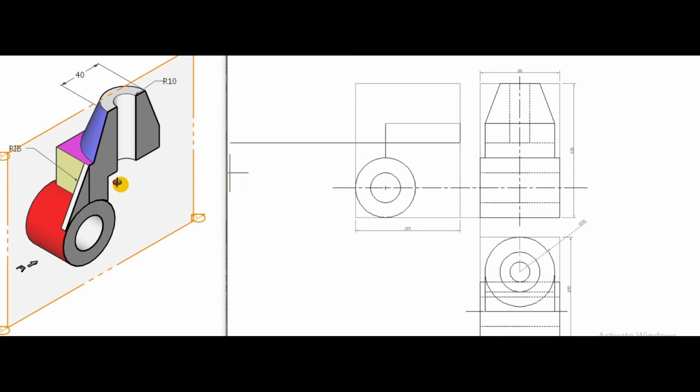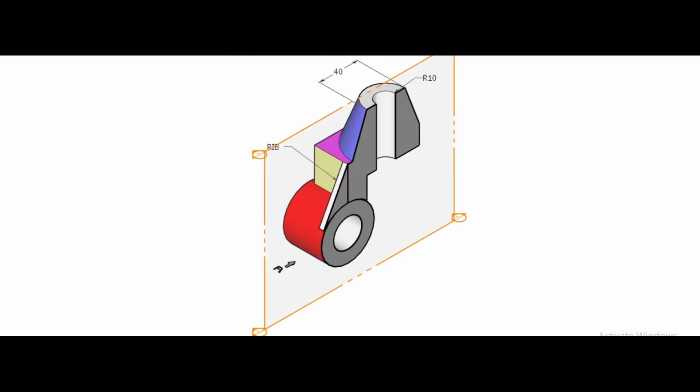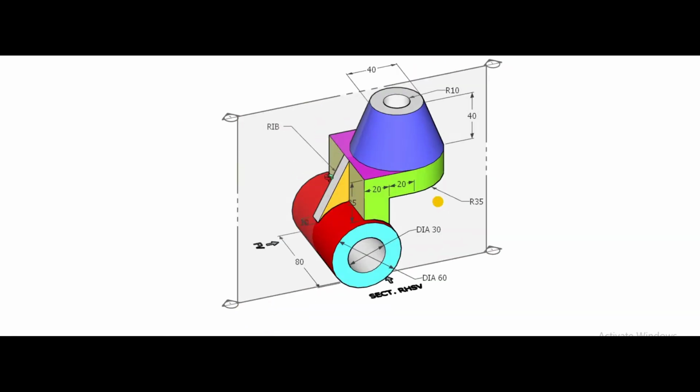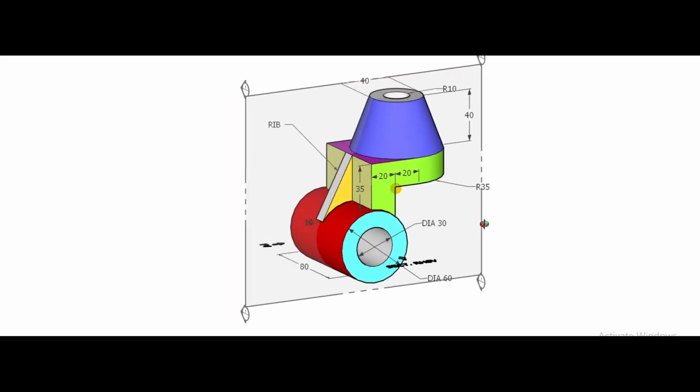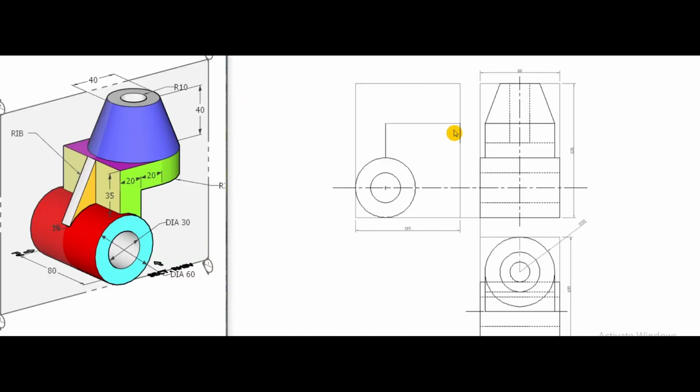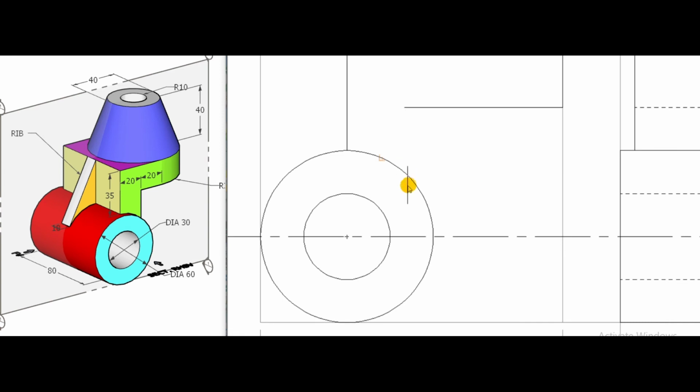So this length will be 35 plus 20. This is 35 plus 20, will be 55. And now here we'll get this point.